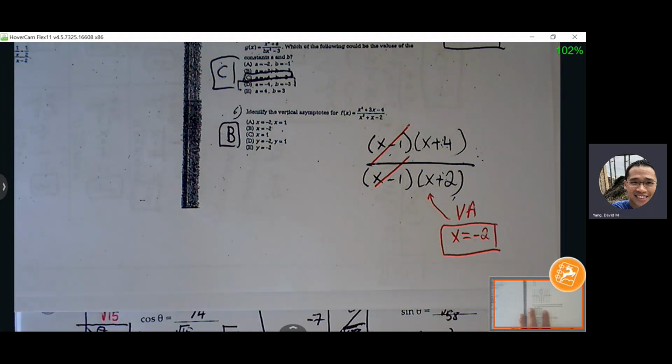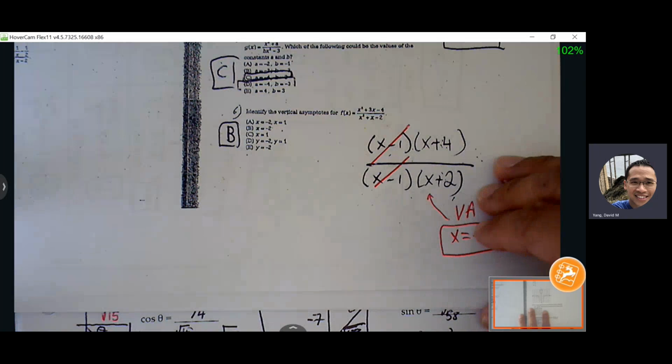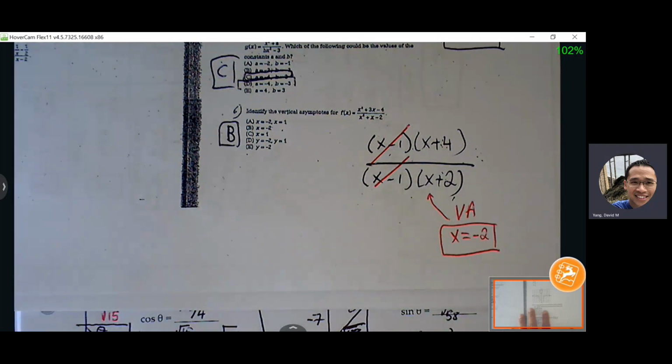Okay, any questions with page 2? All right, let's go ahead and start worksheet 2. And we have a mixture of different problems here. Problems involving limits, involving real numbers, vertical asymptotes, one-sided limits, horizontal asymptotes.